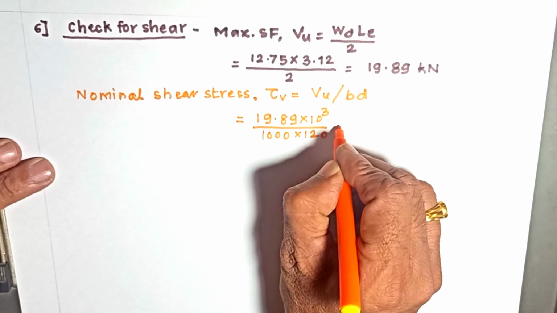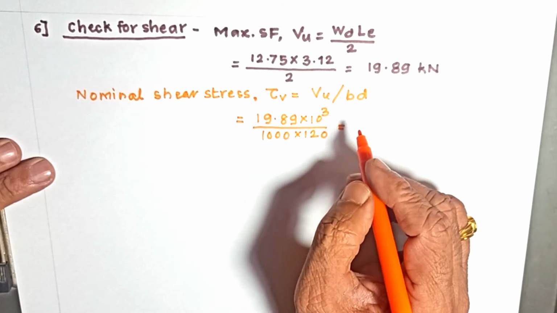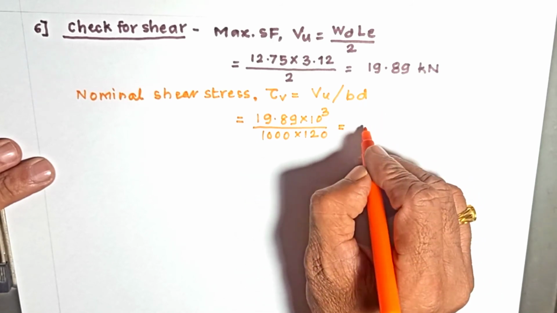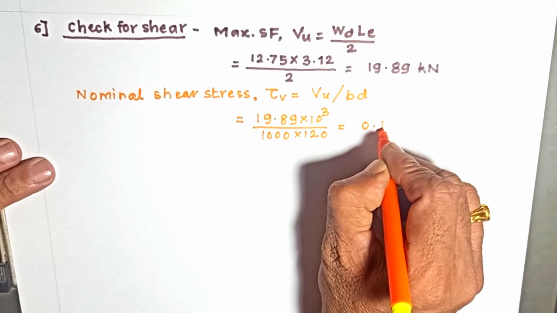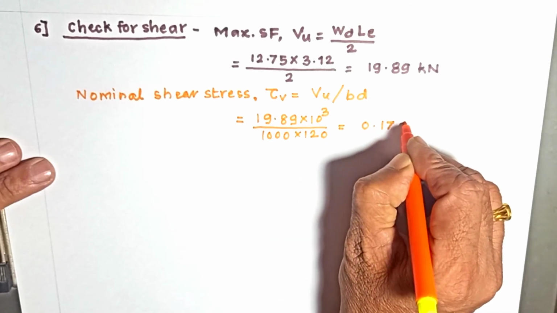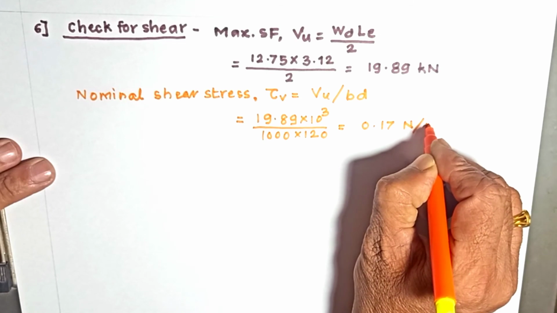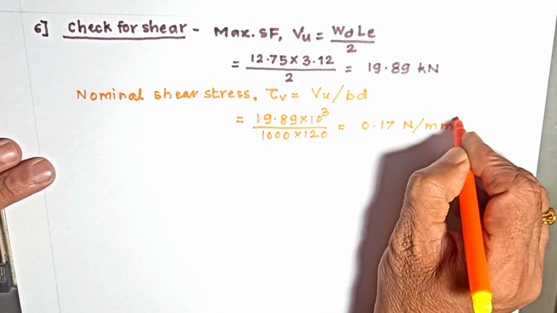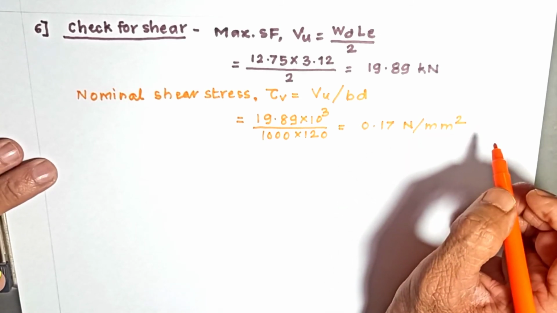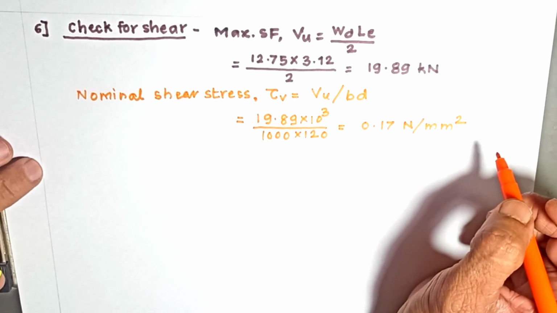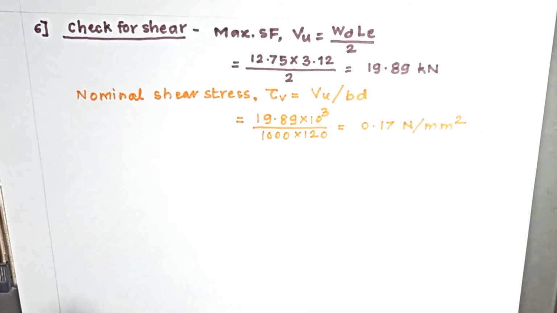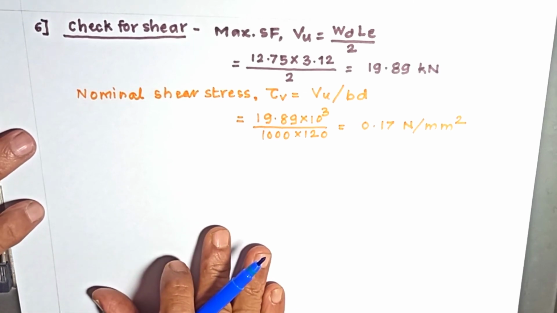If you calculate this, this will come out to be 0.17 Newton per mm square. This is nominal shear stress. Okay, now depending upon the area of reinforcement provided, we have to find out the shear strength of concrete.